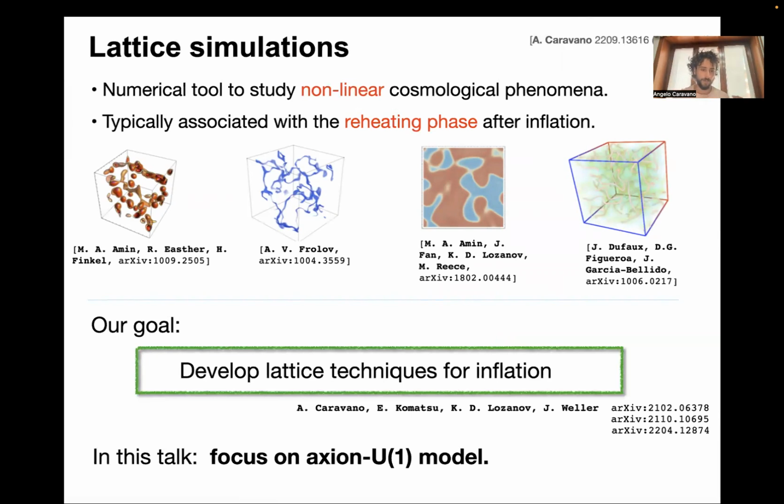But basically, our purpose was to understand how this lattice simulation could be used to understand not only the reheating phase of the universe, but what kind of simulation can teach us about the inflationary phase itself. In this talk, we're going to focus on the axion U(1) model, but I want you to think of the axion model of inflation that I presented as an example of what this kind of simulation can do during inflation.